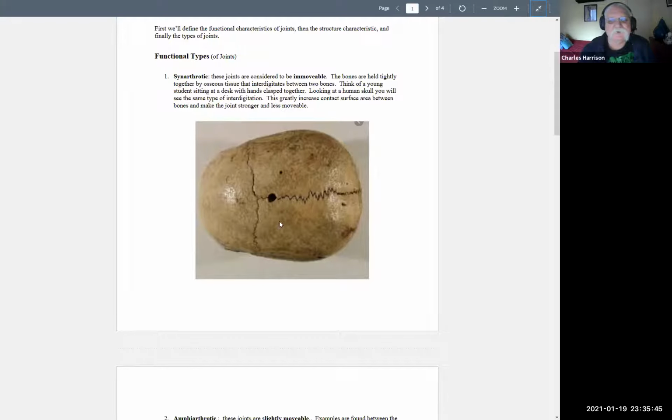And small osseous fibers, bony hairs, interconnect both sides. The same thing is happening on a smaller scale here with the coronal suture joining the frontal bone to the two parietal bones. The main word to get out of here is synarthrotic.